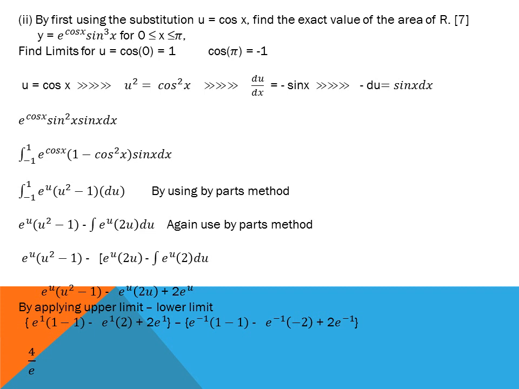So again integrating e^u gives 2e^u. Now I apply the limits, upper limit minus lower limit. Upper limit is 1, I put 1 in place of u and -1 in place of u, and the simplified form of this is 4/e, which is the required form.